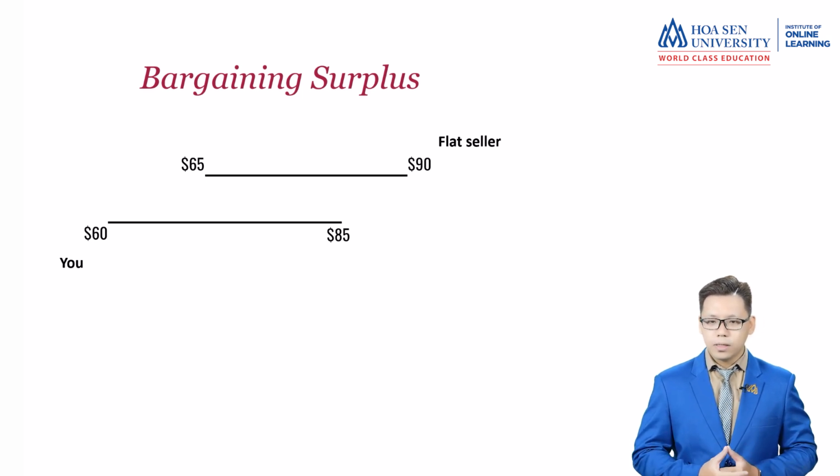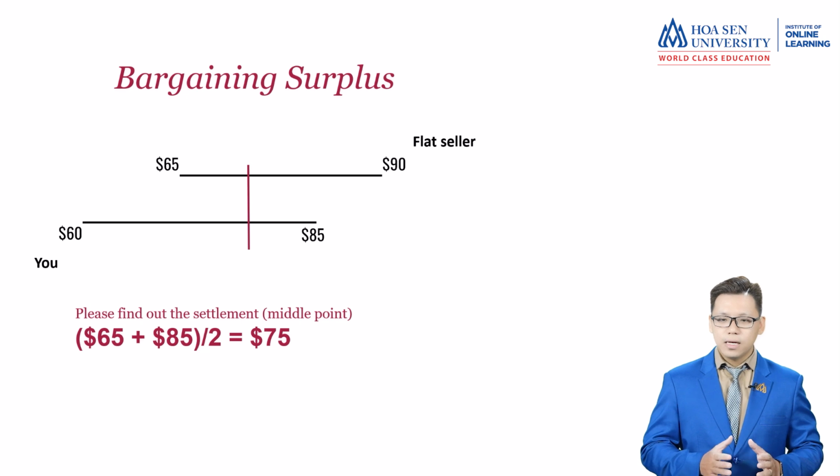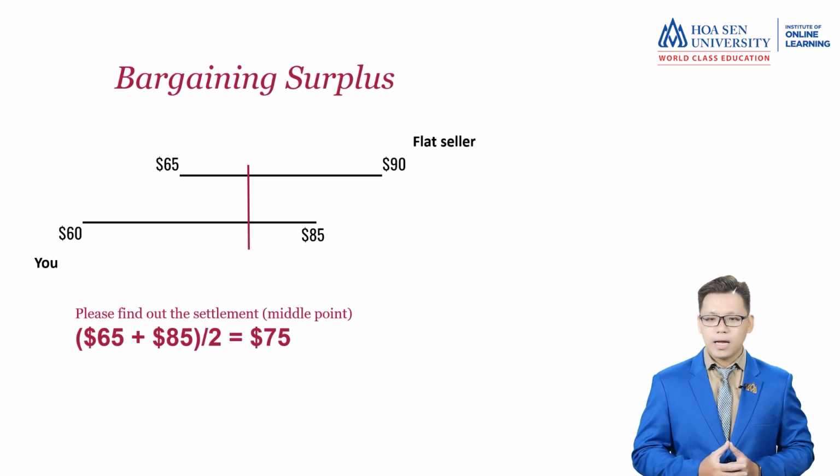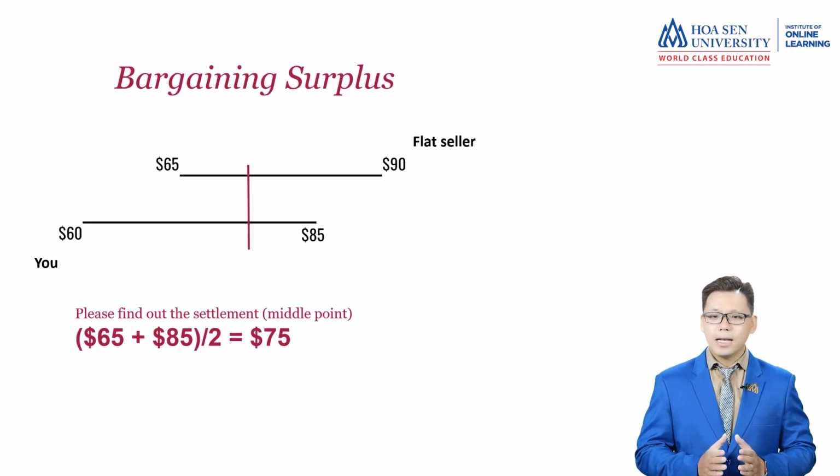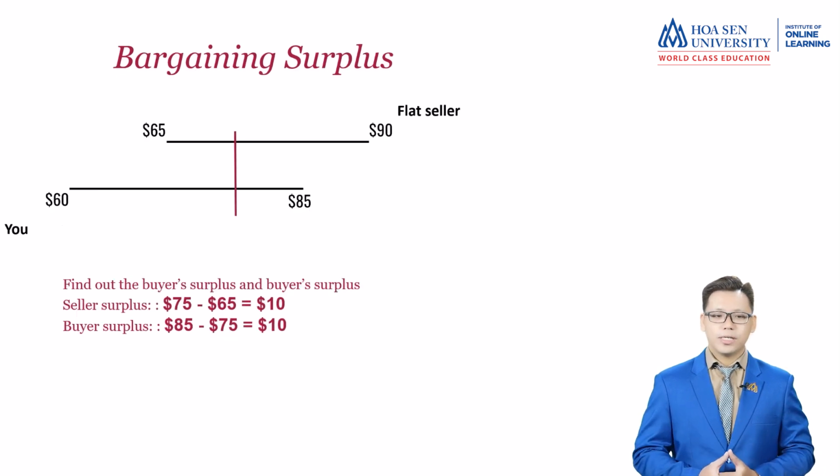The settlement point, or the most likely point where both parties might agree, can be calculated by finding the midpoint between these 2 values. So this $75 is a fair settlement that both parties might agree upon. Sitting right in the middle of the bargaining zone is a point where both the buyer and the seller are likely to find common ground, making it the optimal solution in this negotiation.